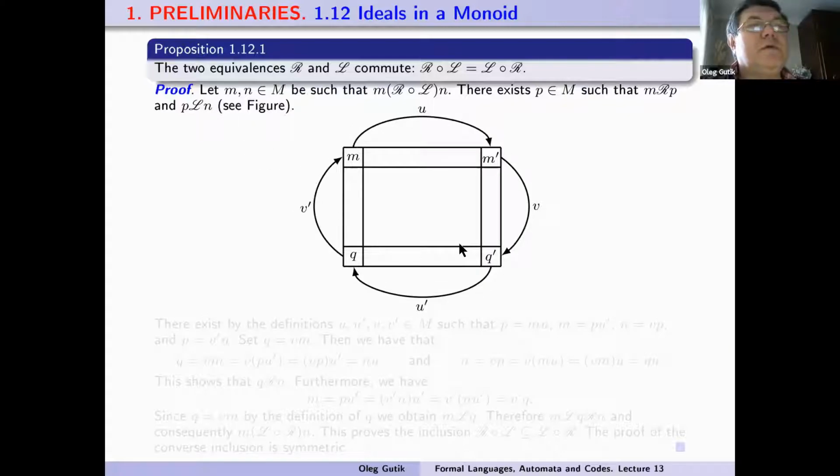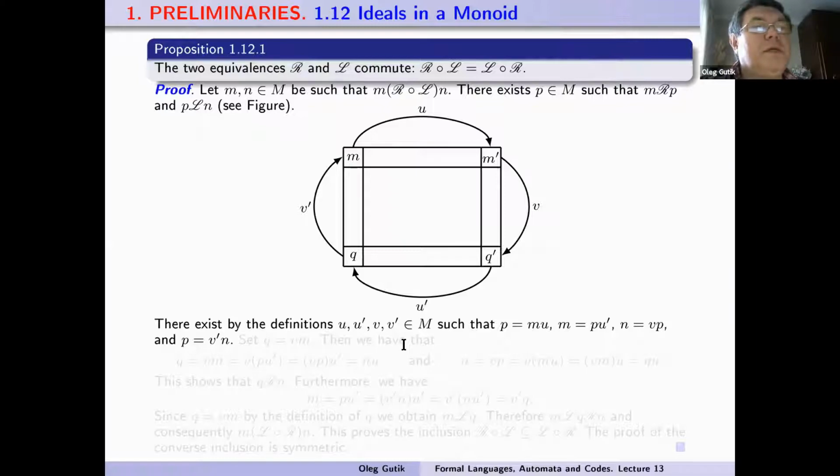See the following figure. There exists p such that, by definition, there exist u', v' from the monoid M so that p = mu, m = pu', n = vp, and p = v'n.